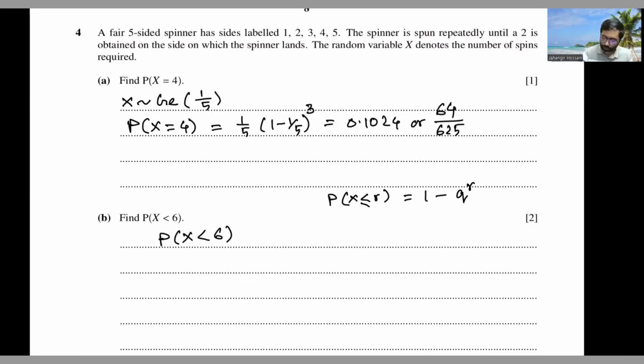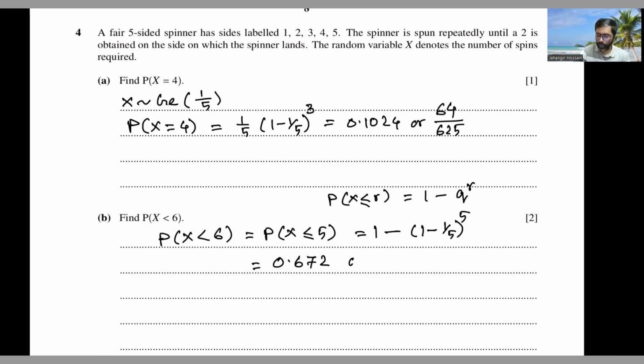So here we have X less than 6, that is X less than or equal to 5. You can use directly the formula 1 minus q to the power r, where r is 5. So that will give you 0.672 if you keep it correct to 3 significant figures, or if you keep it in exact fraction, it will be 2101 by 3125.